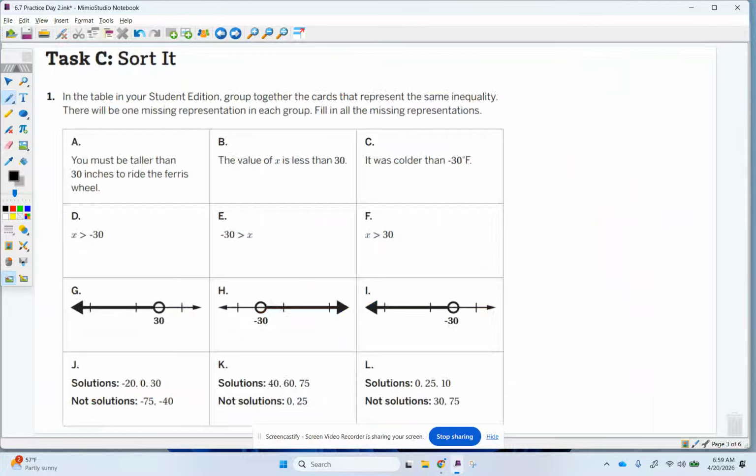I've got a lot of matching in this. Oh, wow. And so let's see.